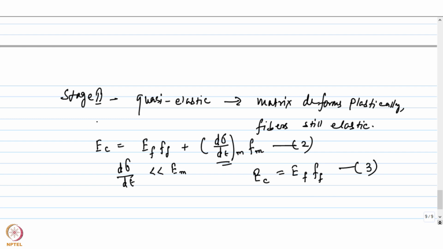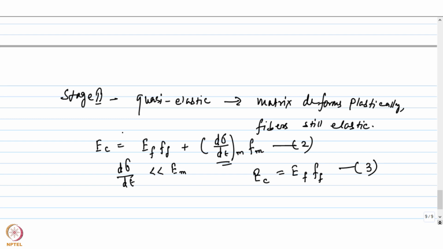So in stage 2, if you unload the composite material, the fibers will return to their original condition, but the matrix will still retain some plastic deformation, and as a result the matrix will be under compression.